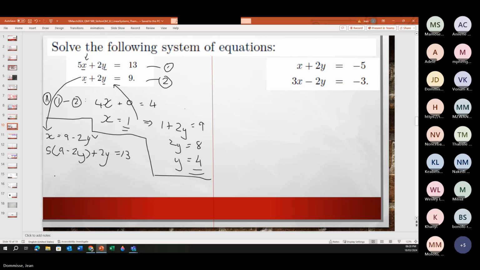So now again, 45 minus 10y plus 2y is equal to 13. So on this side, minus 8y is equal to 32 minus 45. So y is equal to 4. So we get the same. And if I put 4 into any one of those equations, I would get x equal to 1.